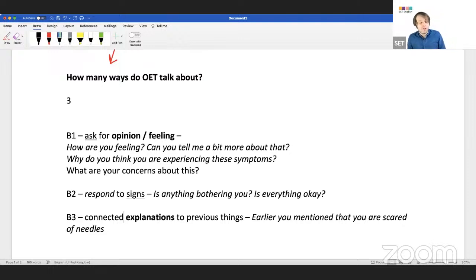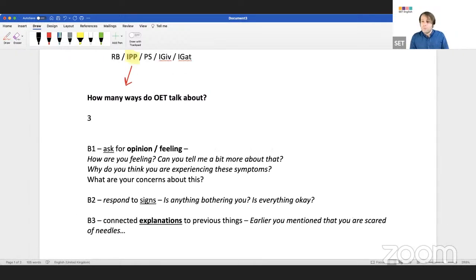But earlier you mentioned you are scared of needles. Don't worry, I'll explain. It's very easy, right? So you're connecting your explanation somehow to what they said. So that's the idea. So this is what we looked at on Monday. Okay, then you had Lawrence and Paul coming in saying things as well.